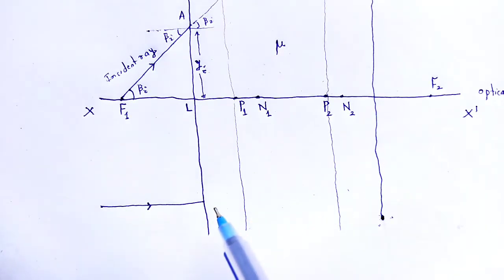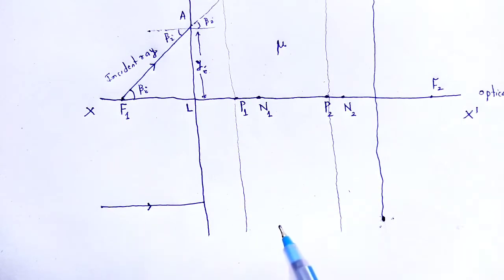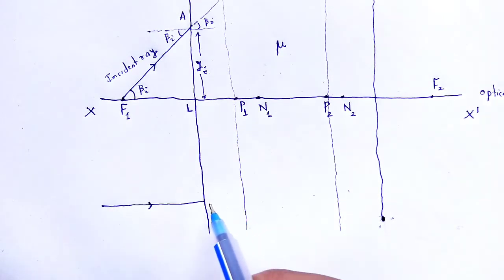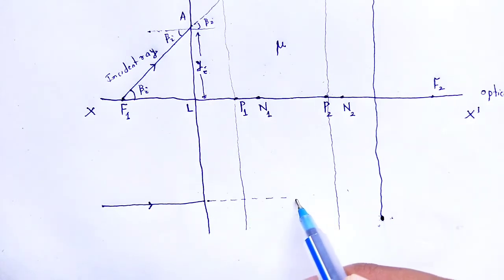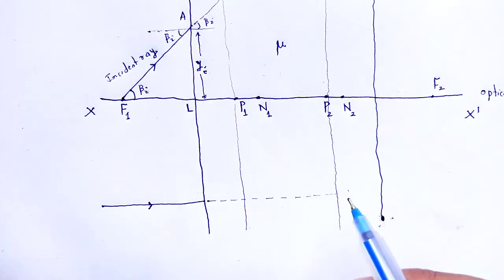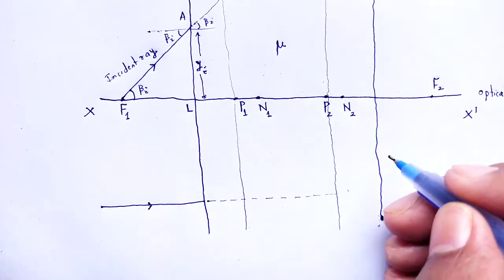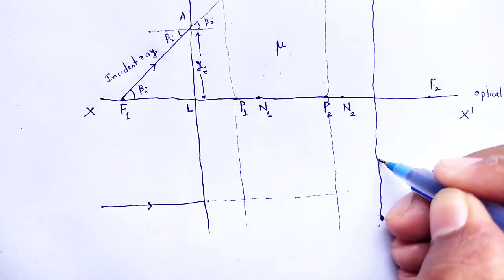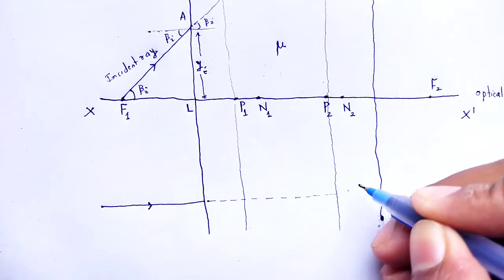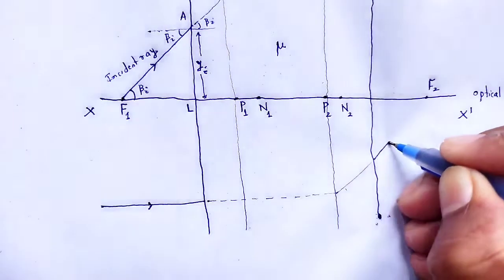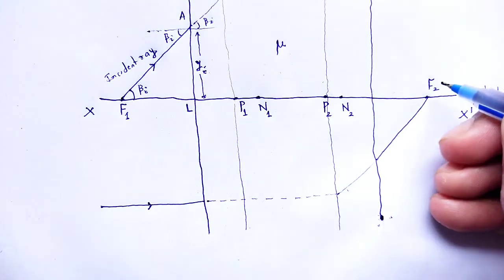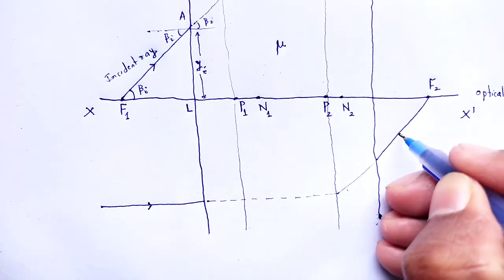After refraction at the plane, the emergent ray goes towards the second focus.